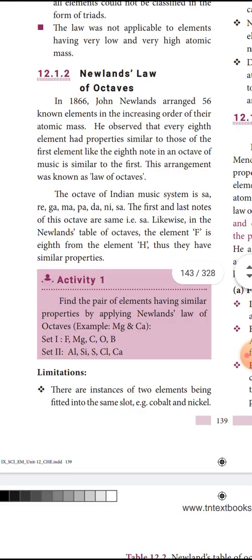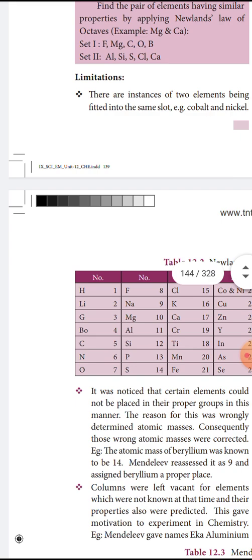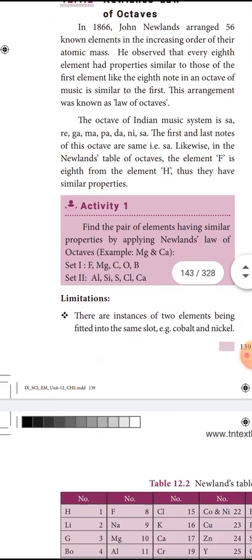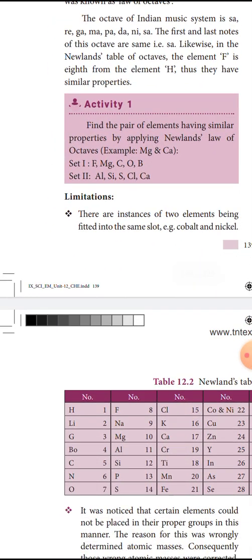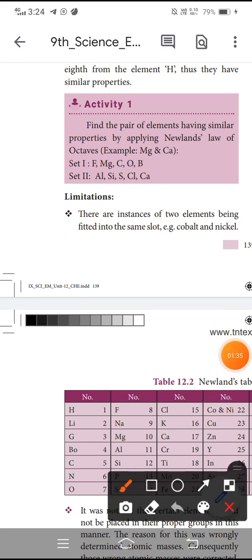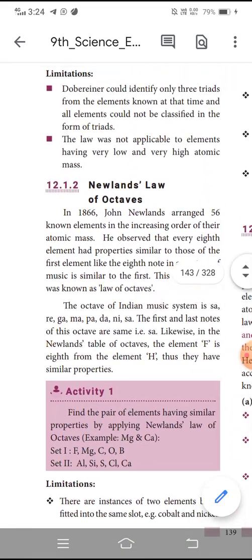According to the Indian music system, the first and the eighth notes are the same, so the first element and the eighth element have the same properties.